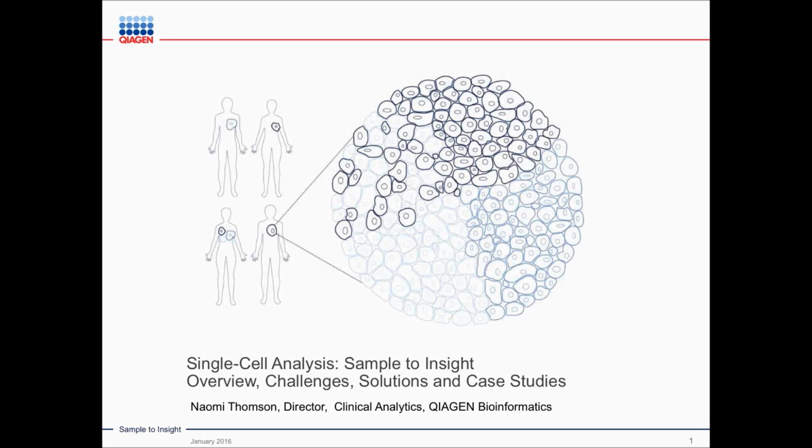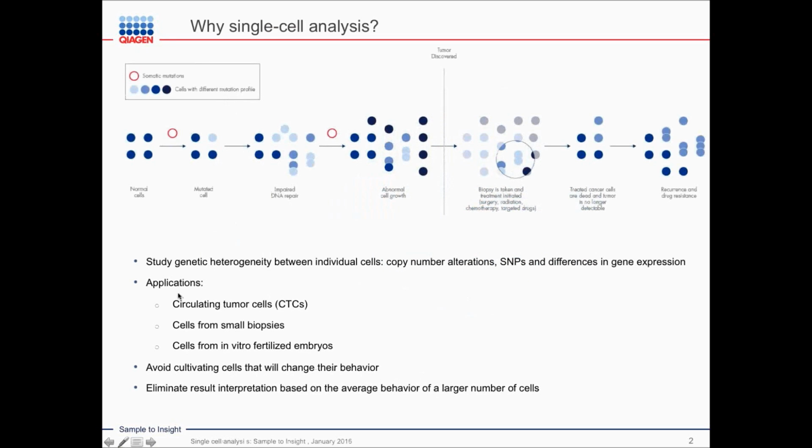So the first question one might have is, why would you do single-cell analysis? And there are a variety of reasons. If you think about it, cellular populations, like all populations, are somewhat heterogeneous.